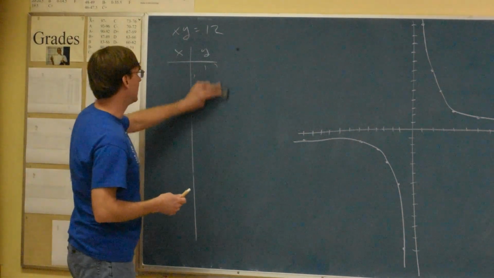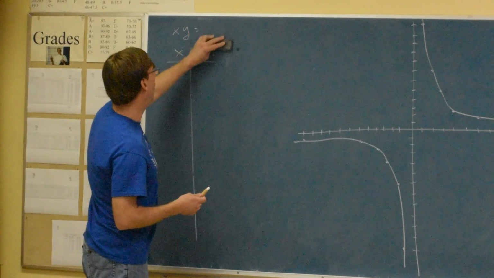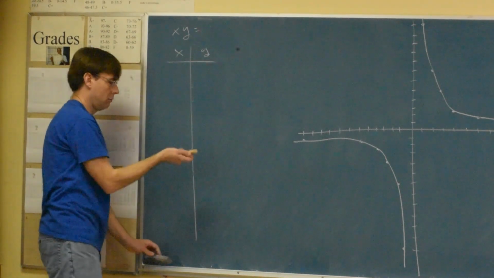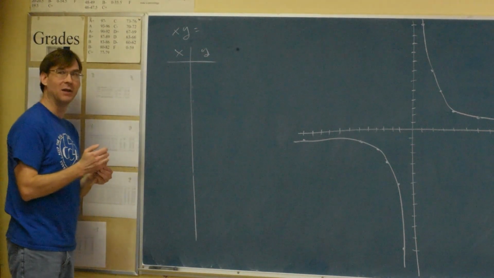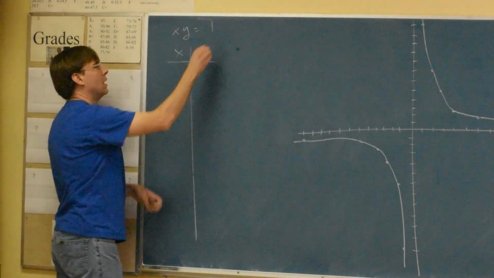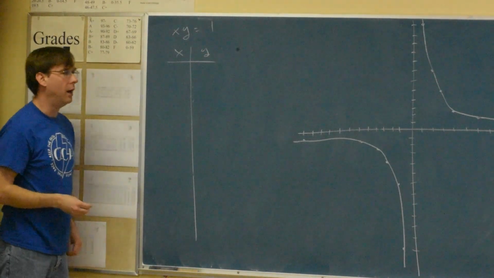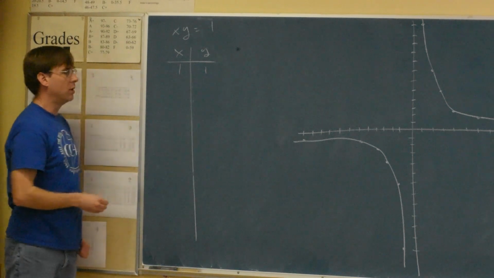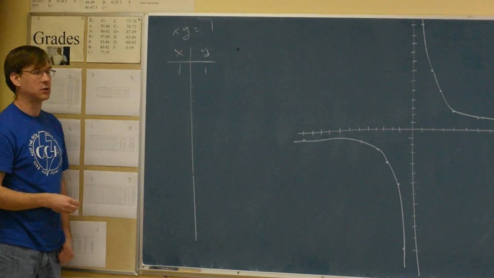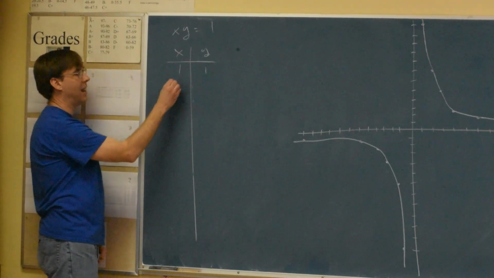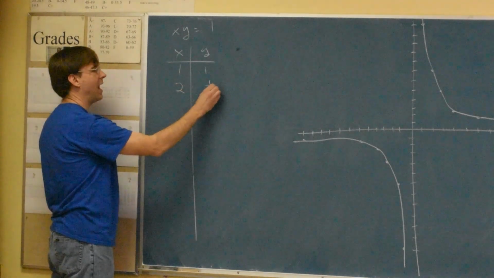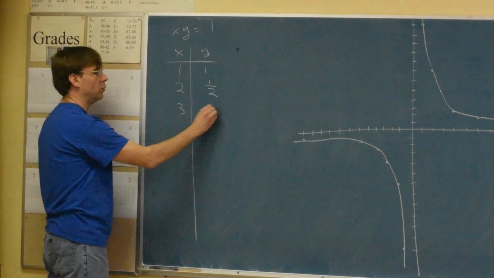If I threw you something like 1, 1 times 1 wouldn't be very good to connect dots with. So you might have to do then things like 2s with halves, or 3s with thirds.